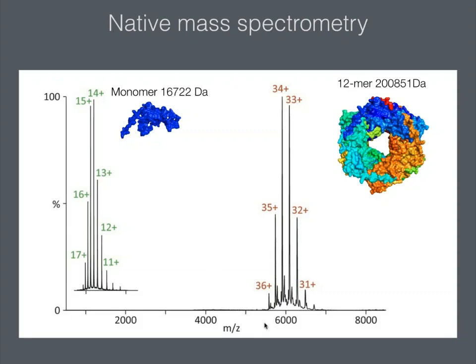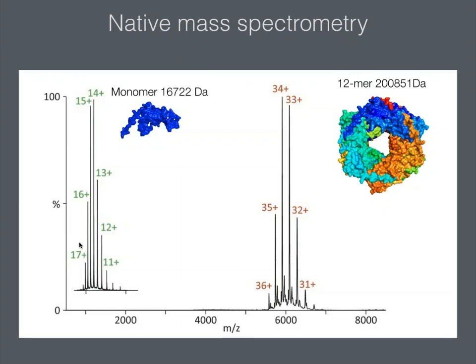What you get is a series of charge states, a series of peaks that are separated on a mass-to-charge axis, not because they differ in mass, but because they differ in Z, the charge that they carry within that mass spectrometer. So this is the mass spectrum for the monodisperse 200 kilodalton oligomer, whereas in a non-native mass spectrum, you would expect to have seen monomers down at low mass to charge.